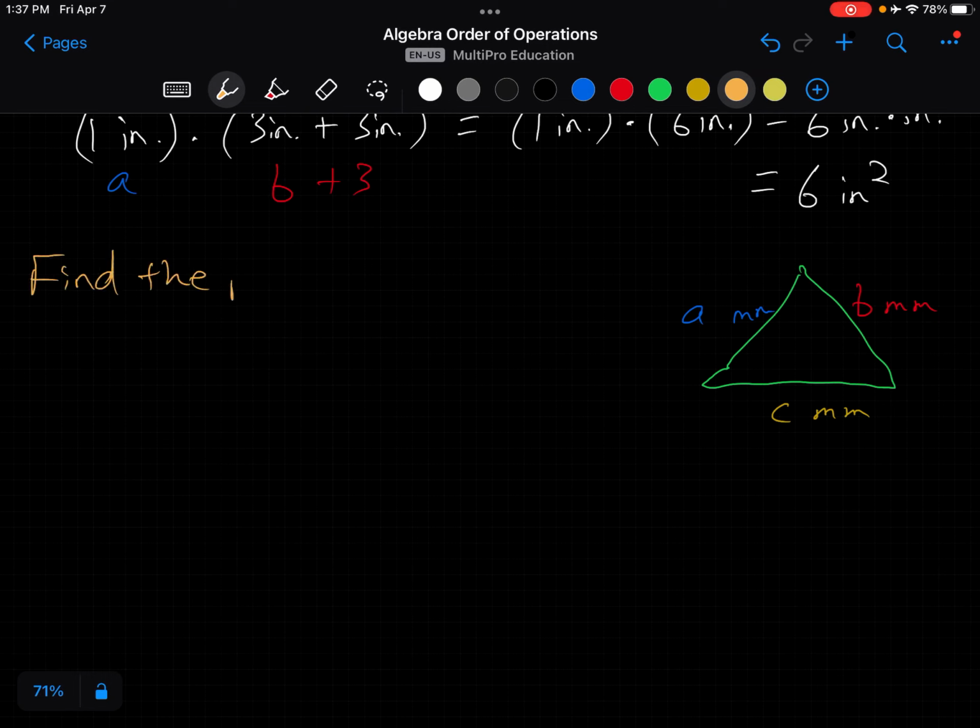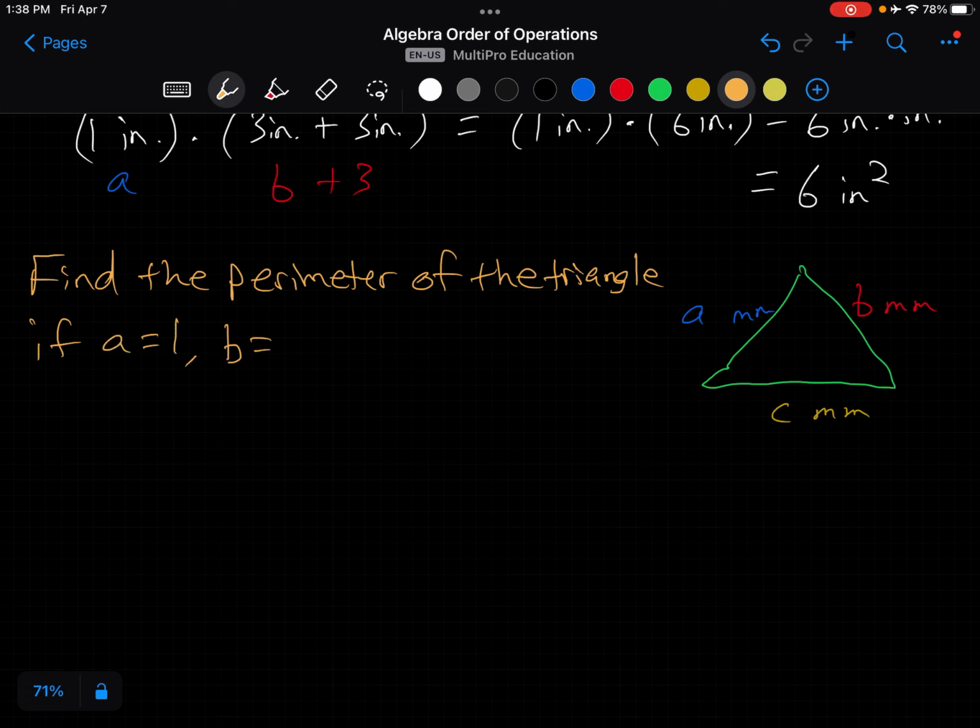We want to find the perimeter of the triangle if A equals 1, B is equal to 7, and C is equal to 12.